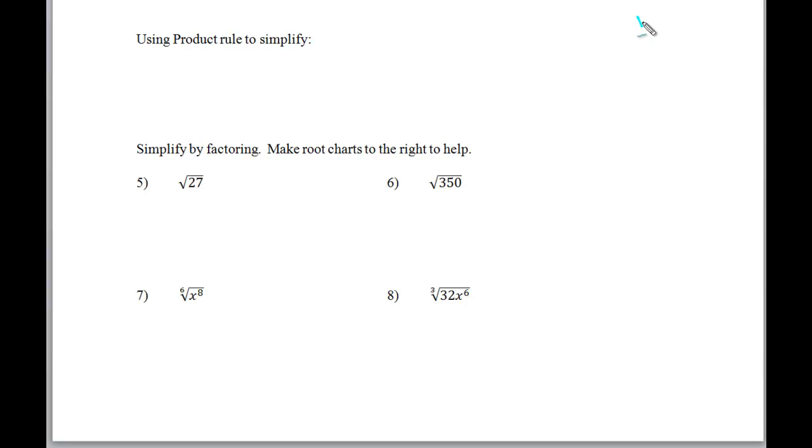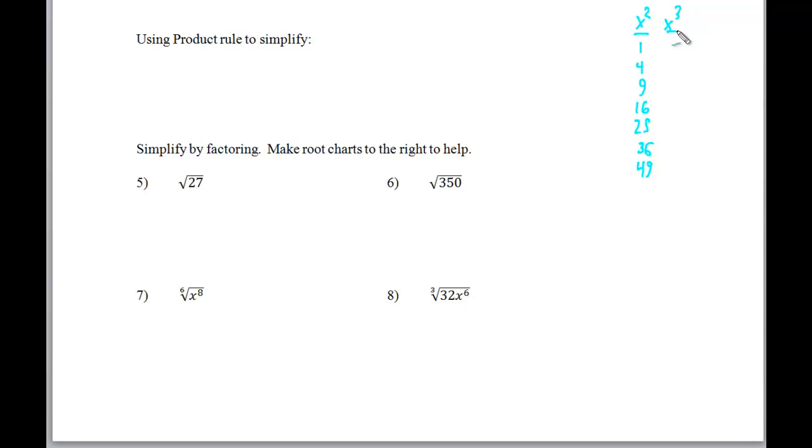Like so, in the x squared category, common roots would be 1, 4, 9, 16, 25, 36, 49, and so on and so forth by going 1 squared, 2 squared, 3 squared, 4 squared, 5 squared, 6 squared, 7 squared.